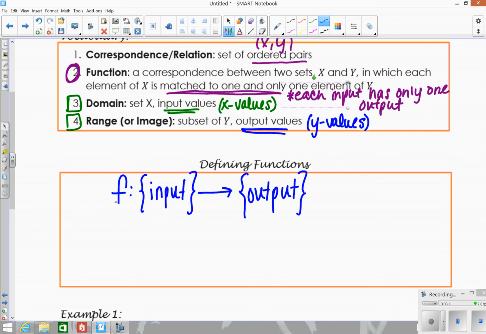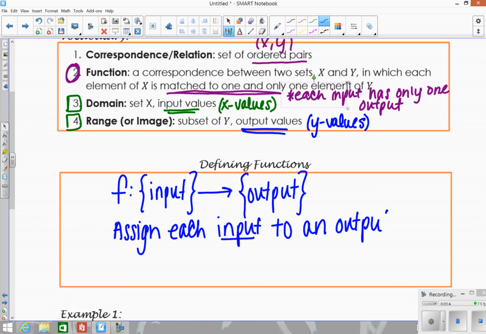Typically it's the name of your function, colon, in the curly brackets the set of inputs getting mapped to the set of outputs. Then you write a sentence that defines the rule. What is this relationship doing? What's this function doing? You would be assigning each input, whatever the input is, to one output.